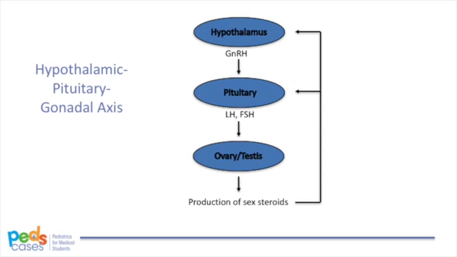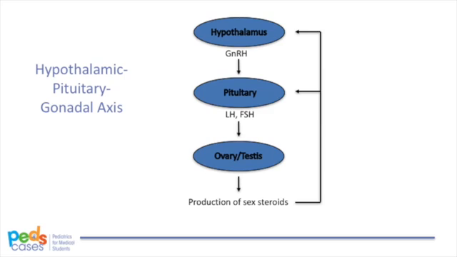Tropin means stimulating, so a gonadotropin is a hormone that stimulates the gonads. These gonadotropins are luteinizing hormone, abbreviated LH, and follicle-stimulating hormone, abbreviated FSH.